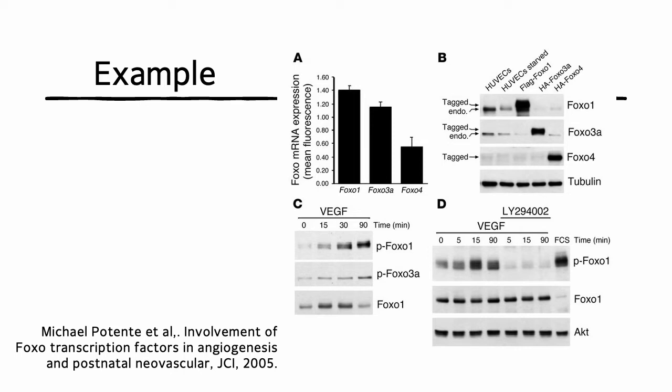So I'd like to go over an example of Western blot first. This is from a paper published in 2005 in JCI. Well, I don't know the exact context of this paper, but if you see this figure, they first compared the mRNA expression level of this protein FOXO.